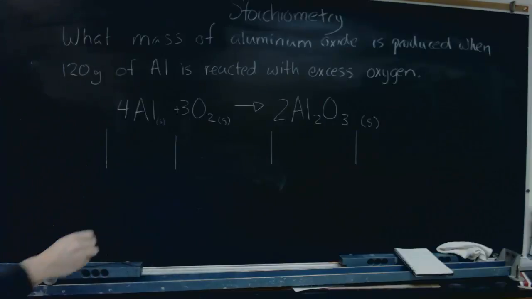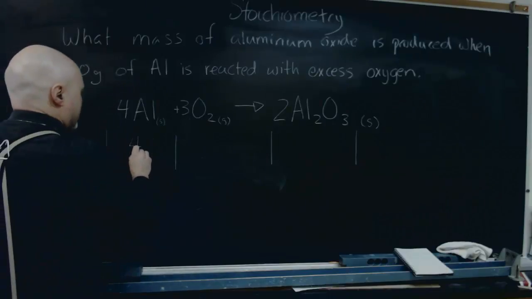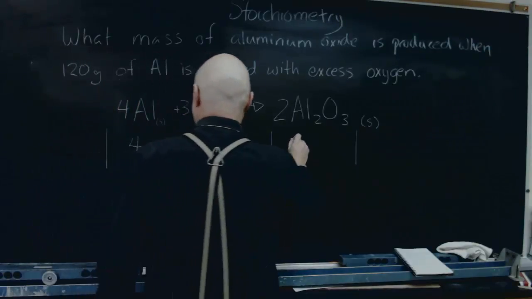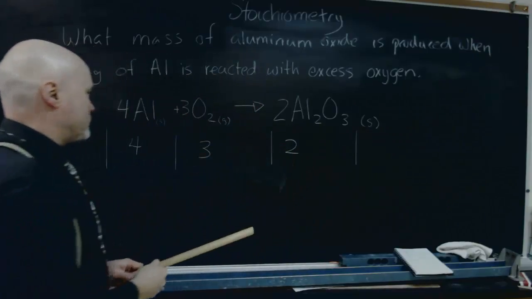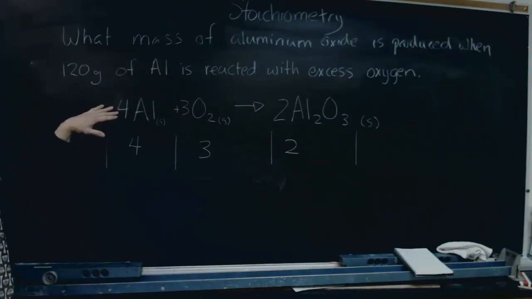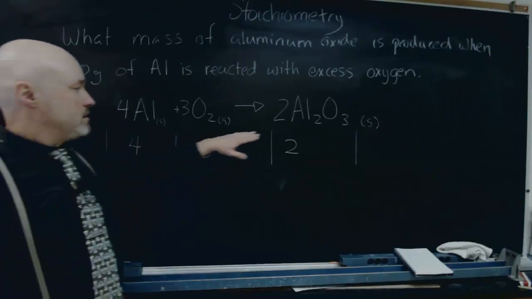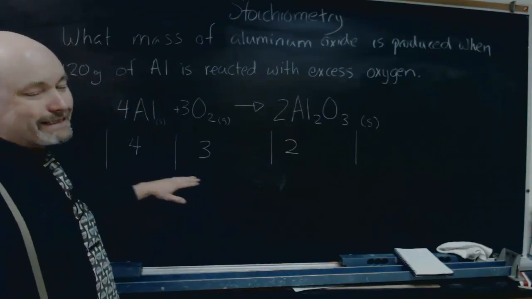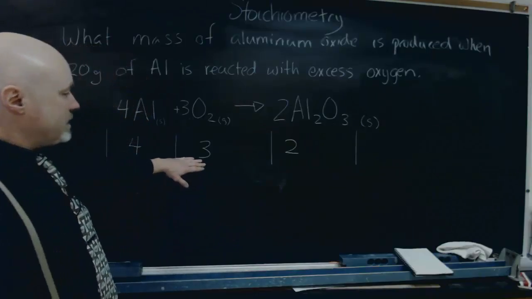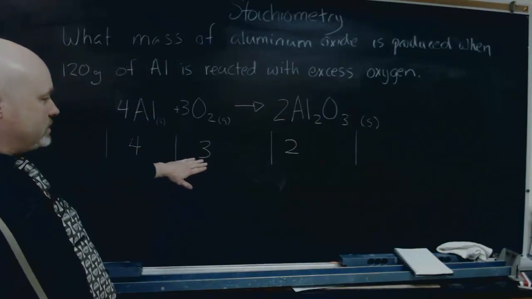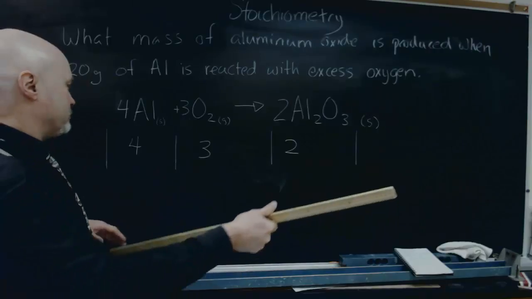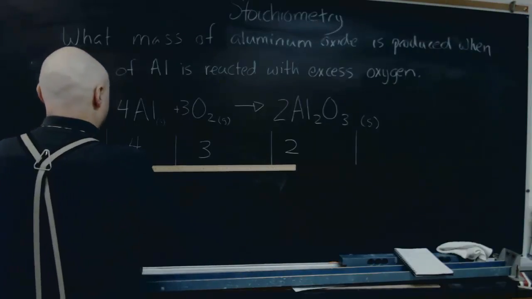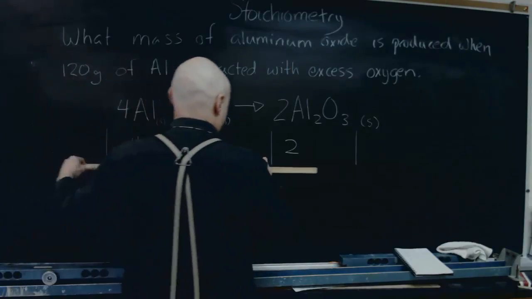Okay, so this is essentially a 4 to 3 to 2 reaction. So for every 4 moles of aluminum, I'm going to get 2 moles of aluminum oxide, which is really just 2 to 1. If I were working with oxygen, this ratio of 3 is important.